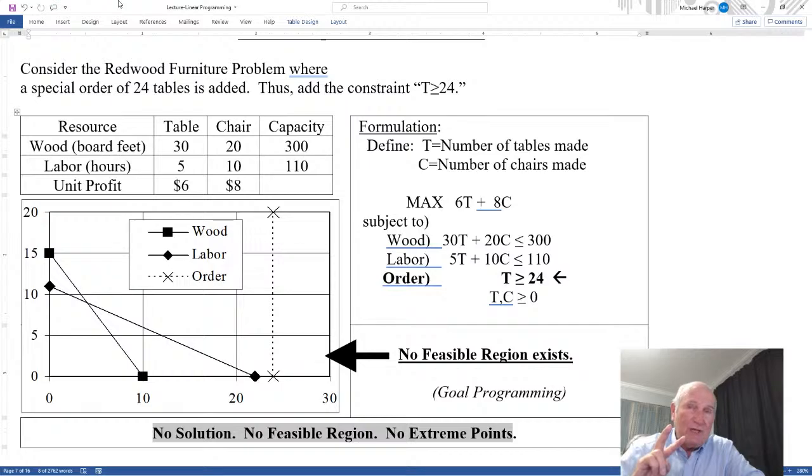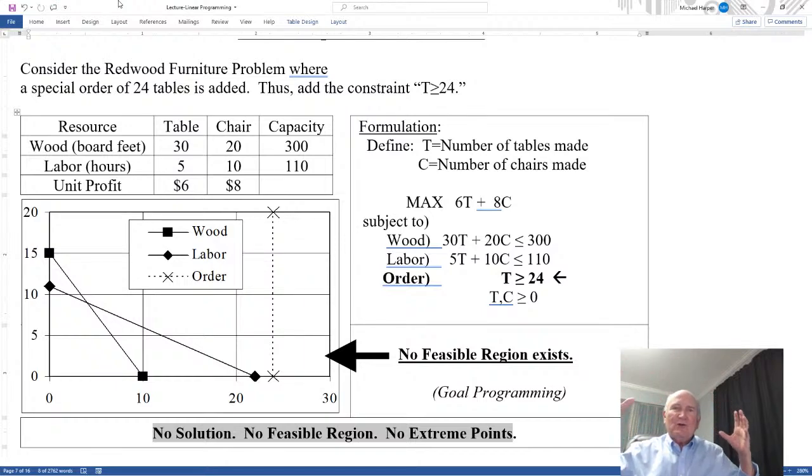Or a second way you can answer her, when she says, "Why haven't you done anything?" You can simply say, "I don't have enough resources to make 24 tables." That statement is correct. Which one is more valuable in business for someone to say, "Oh, then what do we do about it?"